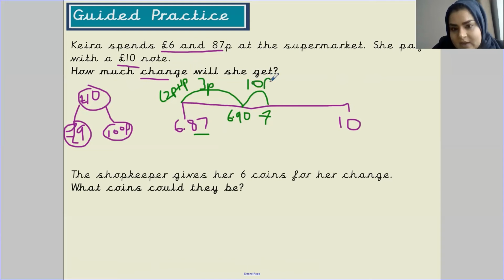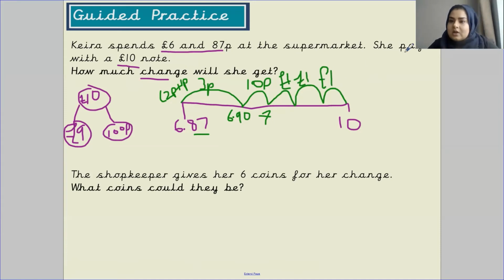Then I am going to use my full pounds now because I need to get to 10. So if I get to 10, I need £3: 7, 8, 9, 10. So £1, £2, £3. That's a pound, and a pound, and a pound.